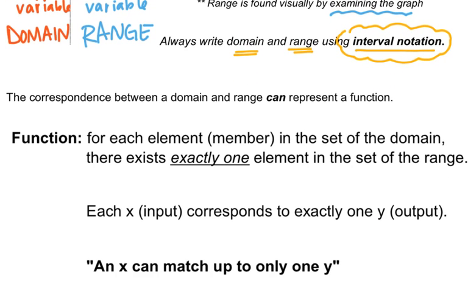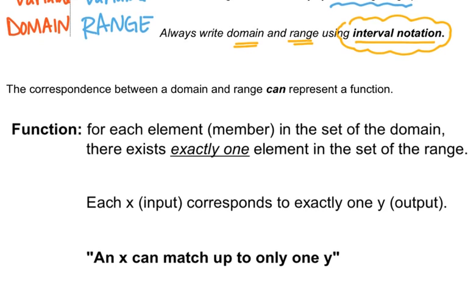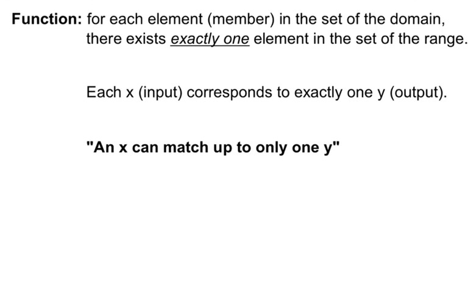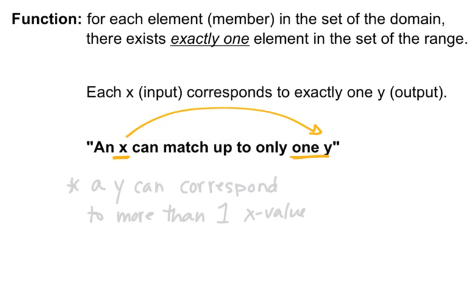So when we start thinking about visualizing what a function might be, essentially what we want to remember is that an x value can only match up to one y. So each x can go to only one y value. We do have an important factor to note, and that is that a y value can correspond to more than one x value.